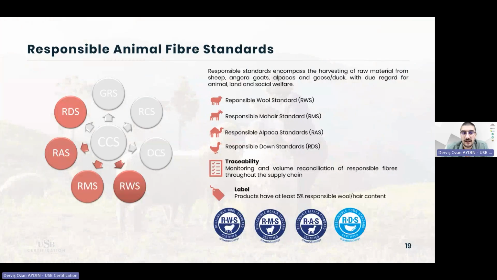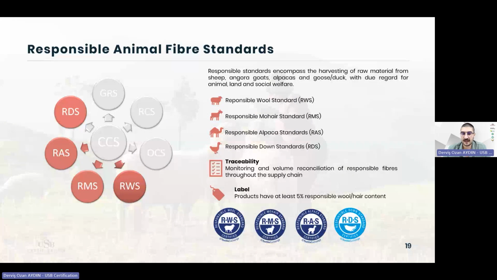About the Responsible Animal Fiber standards, these standards are about animals, as we can understand from the name. Responsible standards encompass the harvesting of raw material from animal fibers with due regard to animal, land, and social welfare.